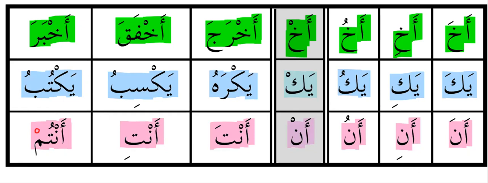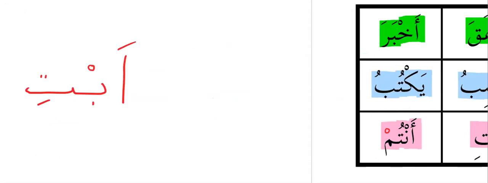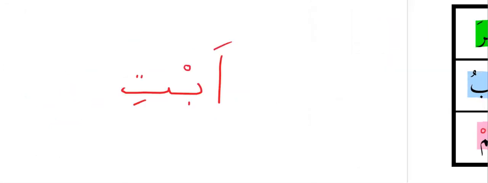Okay, so we'll do a small exercise. I'm going to say two letters, and you have to guess what letter has the sukoon on it. So for example, I would say ab. What letter can you hear with the sukoon?